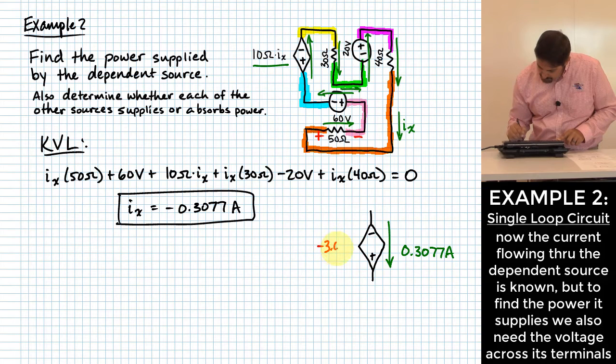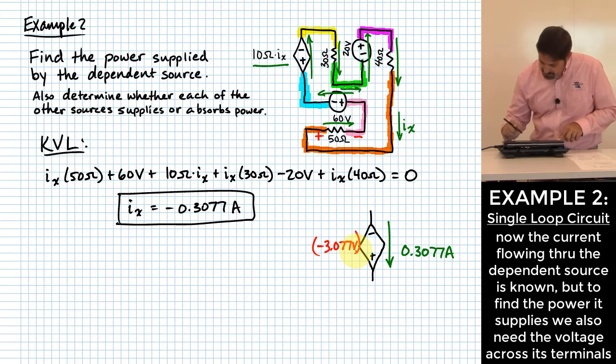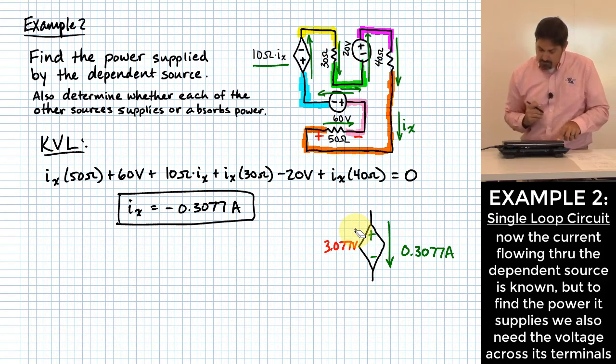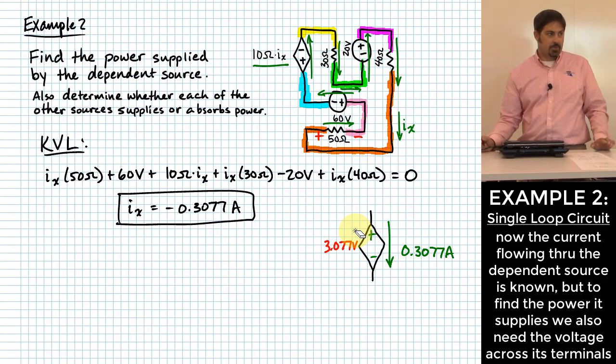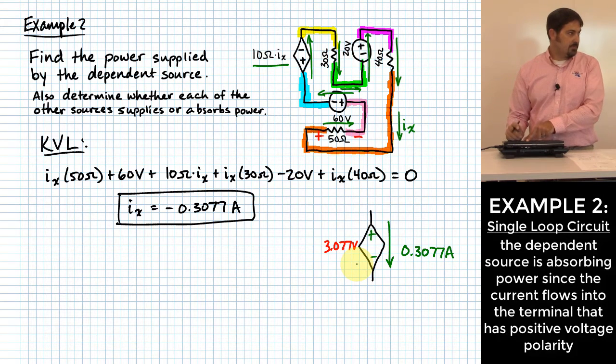Negative 3.077 volts. What does that mean? That means the same thing as if I came in here and flipped these terminals around and made this a positive number. Would you agree with that? So this is the actual directions of what's going on with that dependent source.